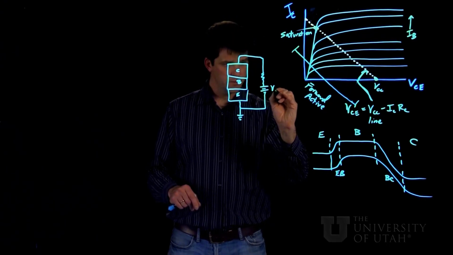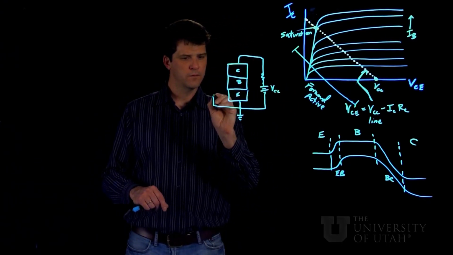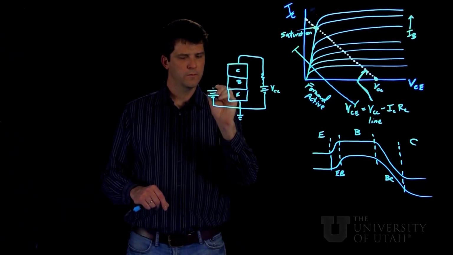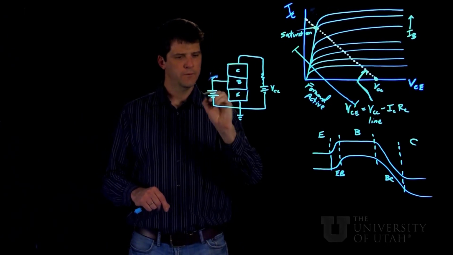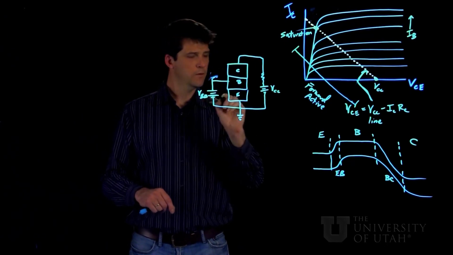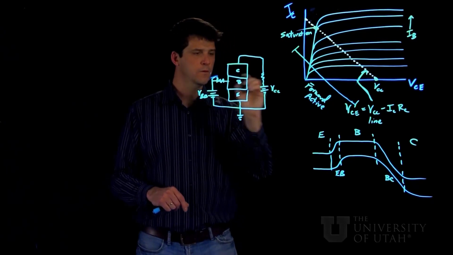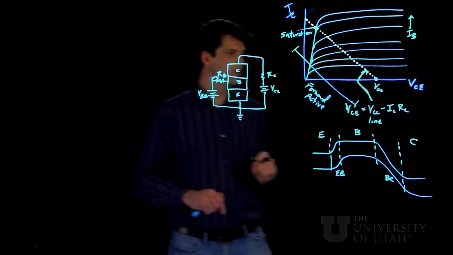So this is the VCC, and this is the VBB, and then we have RC, RB here.